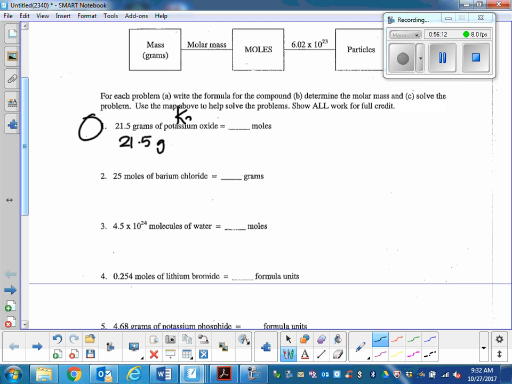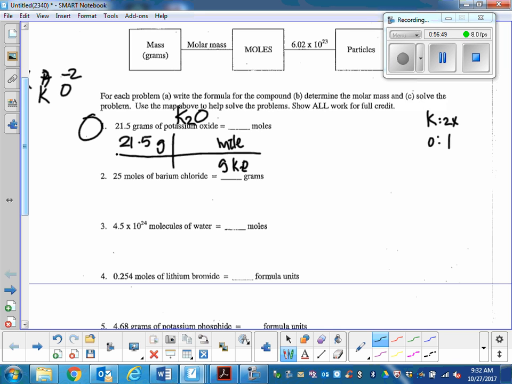So we need to take 2 of K to balance out. So now I have grams of K2O in the bottom. What am I converting it into? Moles. How do I find the mass of K2O? Using the periodic table.